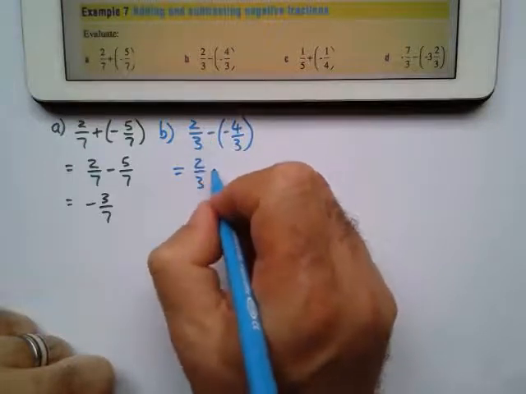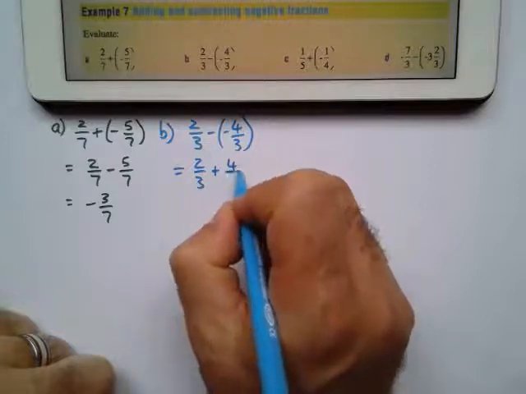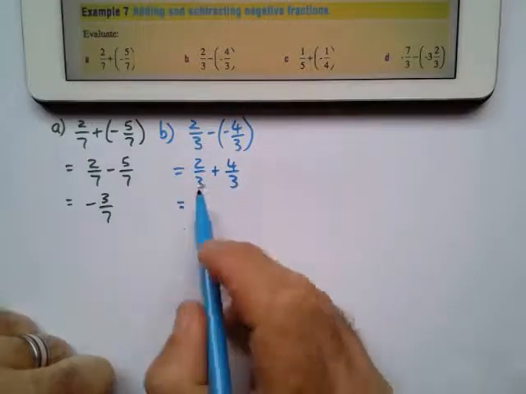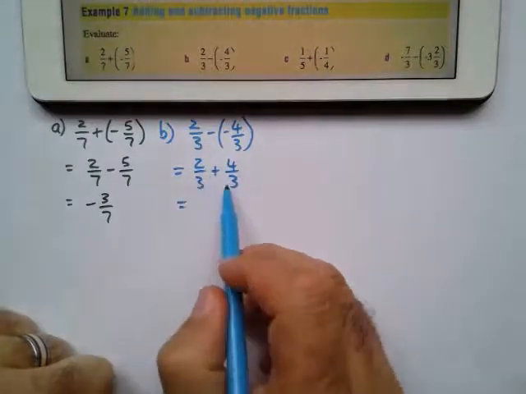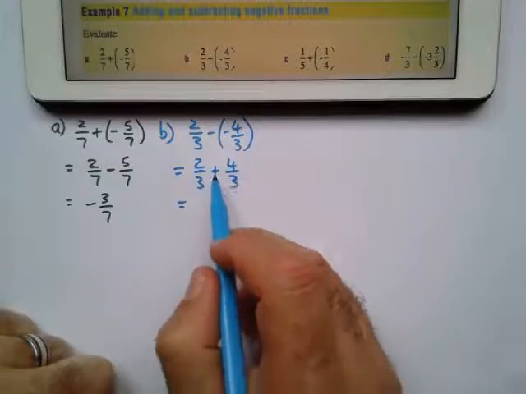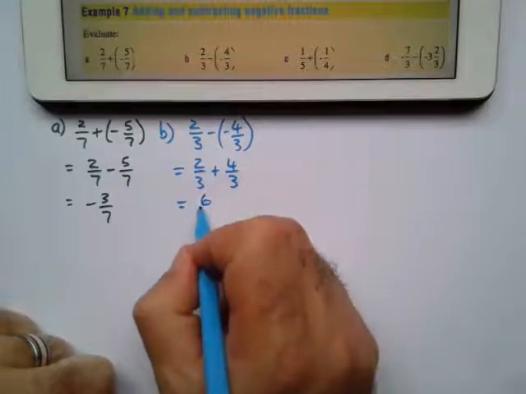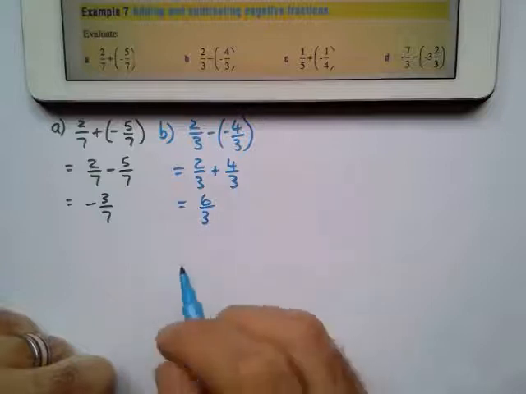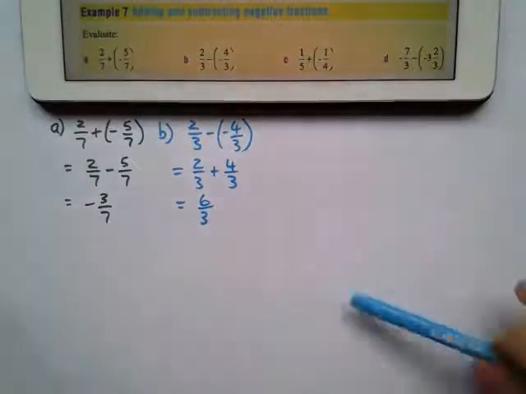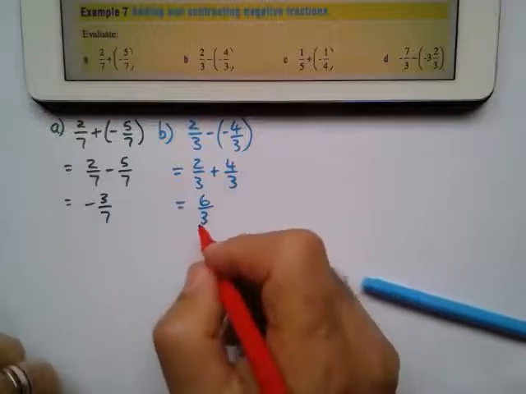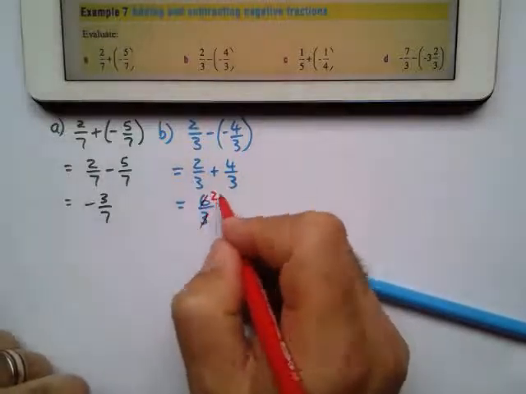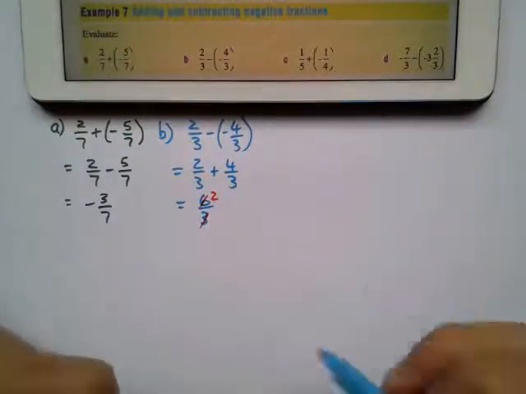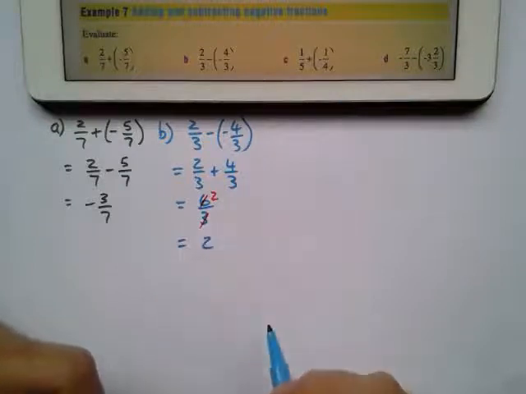Negative times a negative is positive 4 over 3. 2/3 plus 4/3, my denominators are the same. 2/3 plus 4/3 is 6/3. I can simplify that because 3 goes in itself once, 3 goes in 6 twice, so my answer equals 2.